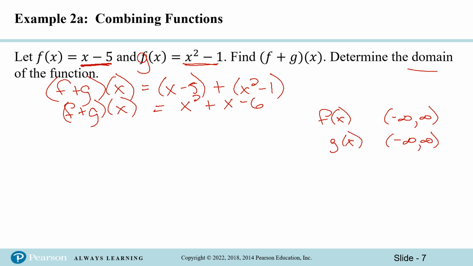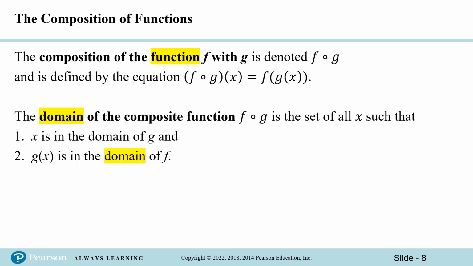There's no fractions, there's no square roots. So if we add the two together, so f plus g of x, then the domain is still going to be negative infinity to positive infinity, because there's no restrictions here, no restrictions here. That means no restrictions there. That's not always going to be the case.